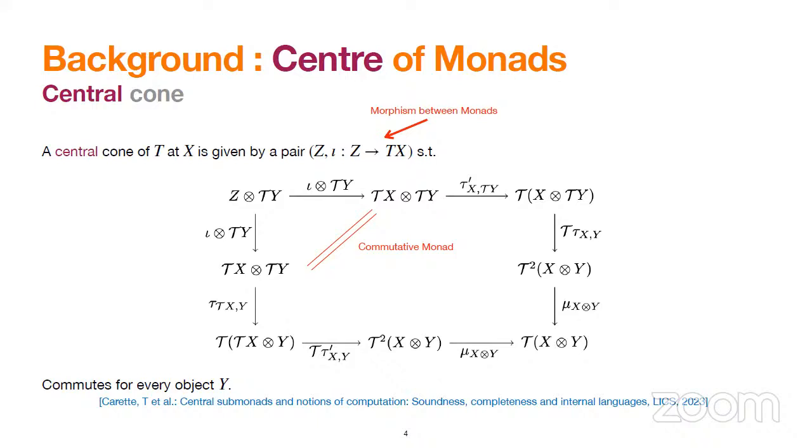We first apply the co-strengths and then the strengths, and it will be equal to applying the strengths and then the co-strengths, for every x and y. A central cone of the monad T at x is given by a pair Z and iota, where iota here is a morphism of monads, a morphism from Z to T of x, which makes the diagram commute.